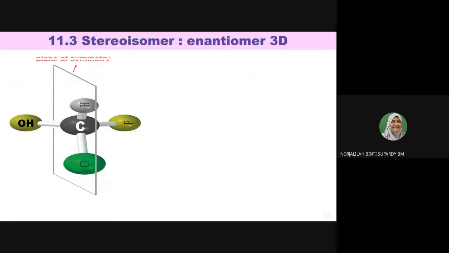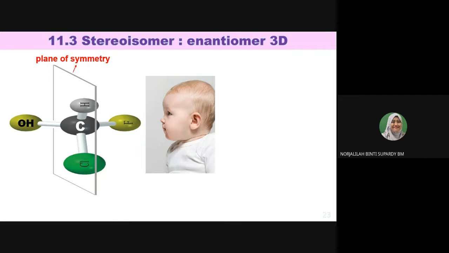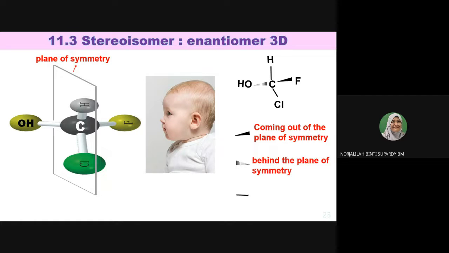So this is the plane of symmetry for the 3-dimensional structure. You imagine your plane here. This plane is usually represented by a solid line.